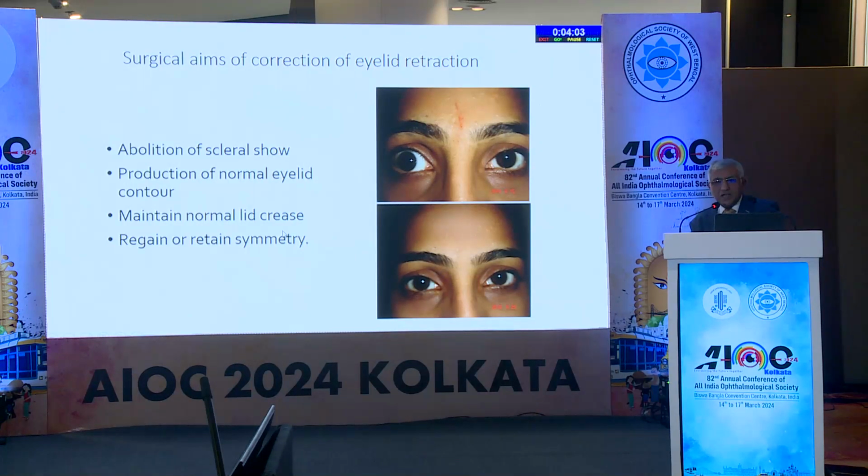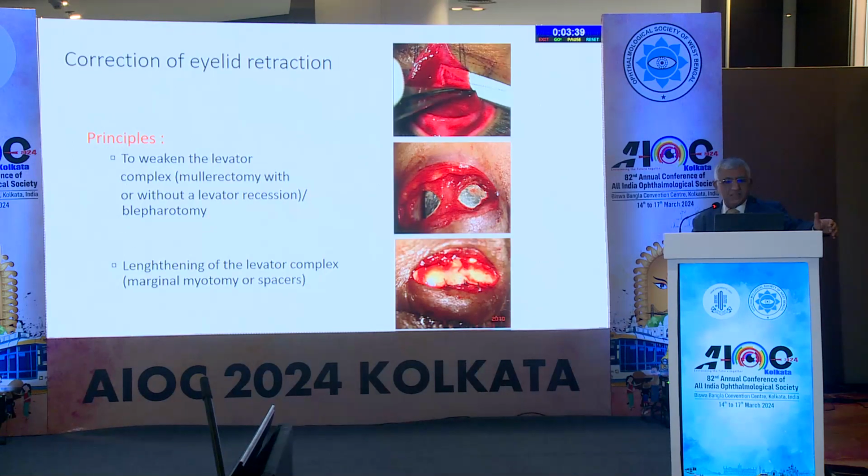In unilateral or bilateral cases, getting symmetry is also a major issue, because eyelid retraction is probably less predictable than ptosis surgery and needs that much more precision, but at least try your best with your experience to get the results as symmetrical as possible by on-the-table assessments.